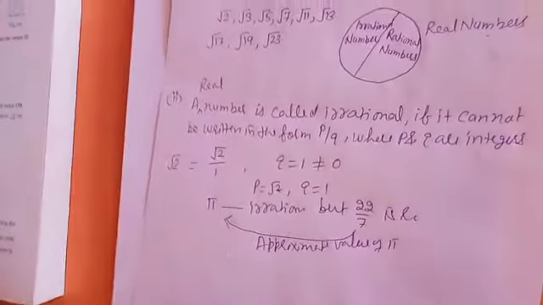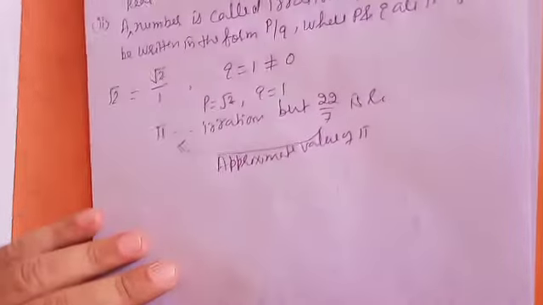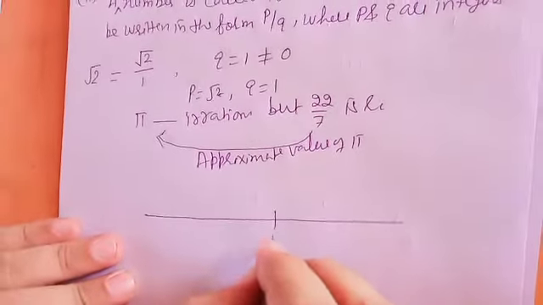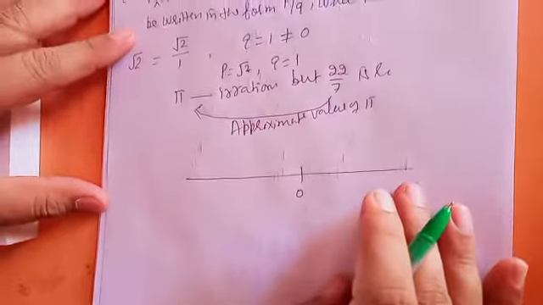So now come to the topic. Example number 3 is given. The next question is this. You know this is a number line. On the left side of 0, all are negative real numbers. On the right side, all are positive numbers.